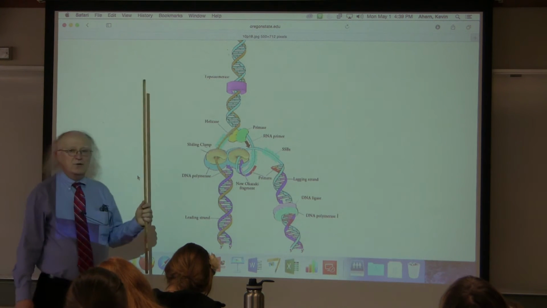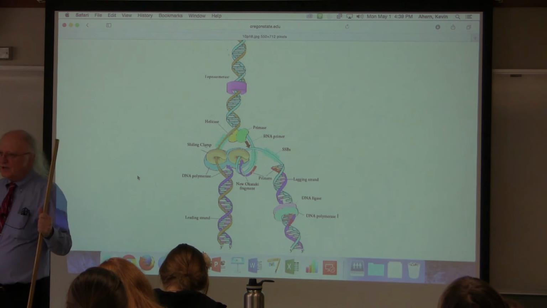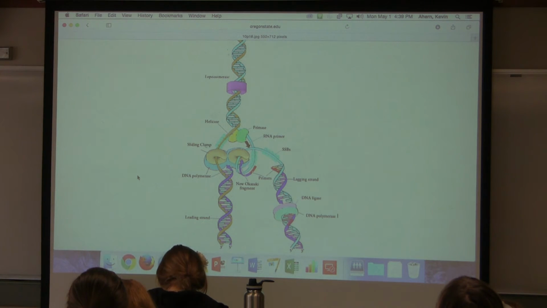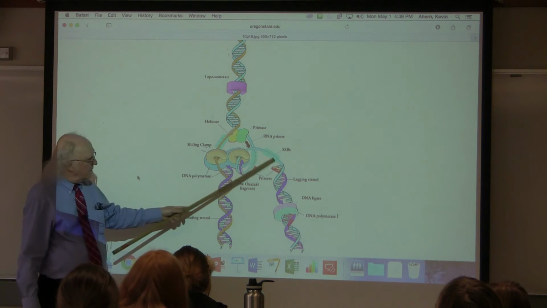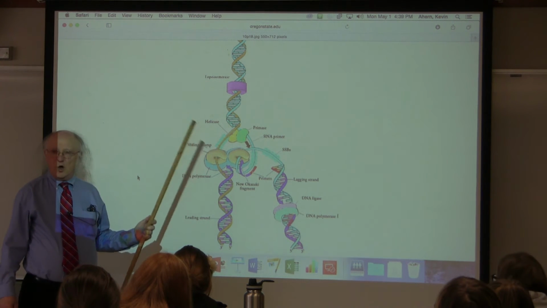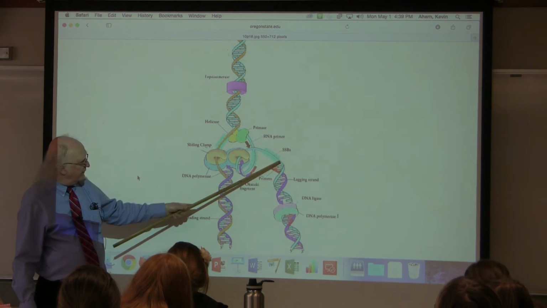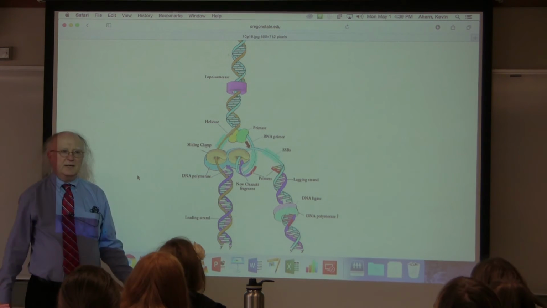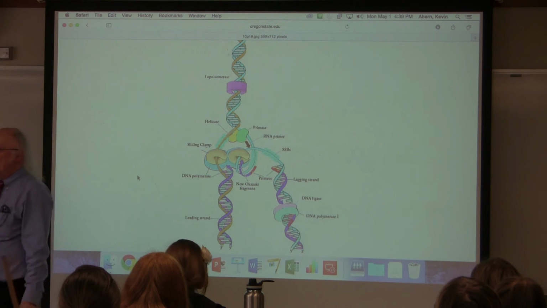Why does something bind to single strands? Well, a single strand is the most vulnerable type of DNA for a cell. Because if damage happens, there's no way of repairing that. It's gone. This whole thing would fall off. If I broke that right there, this whole piece would be lost, and the cell would be out of luck.